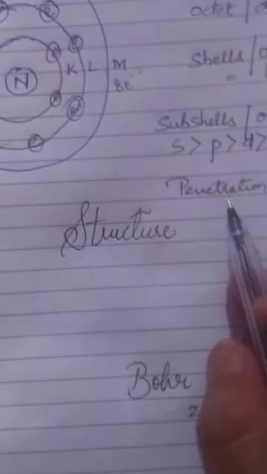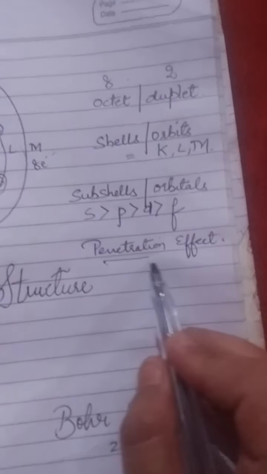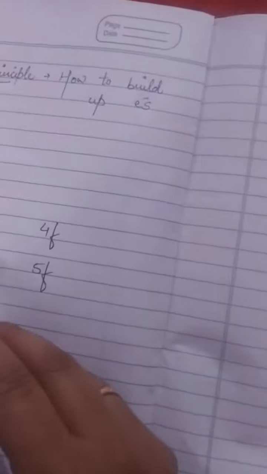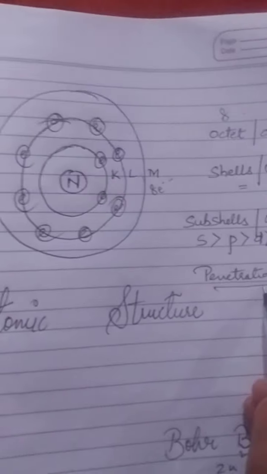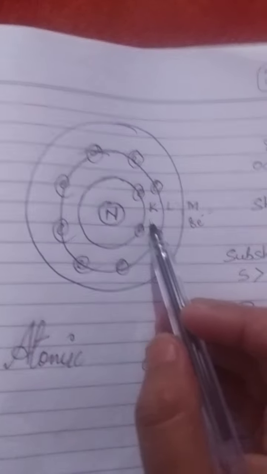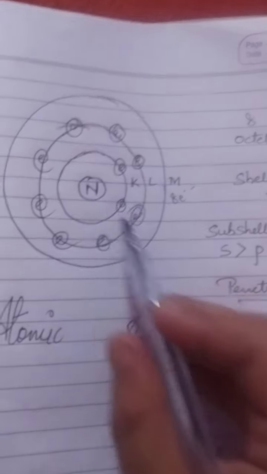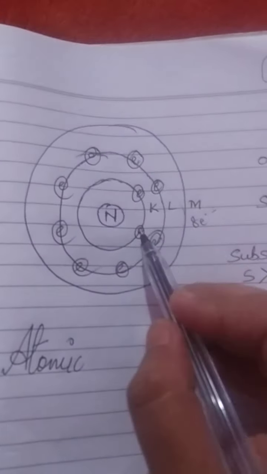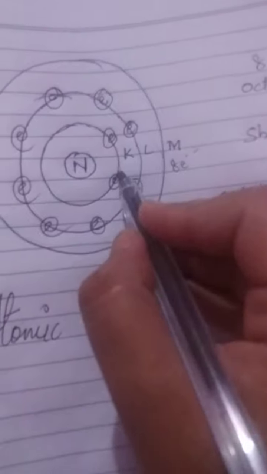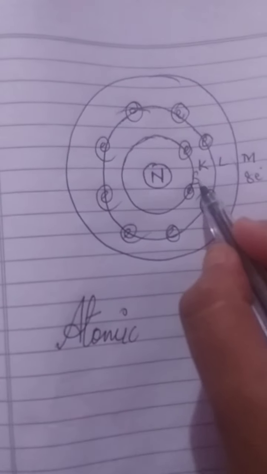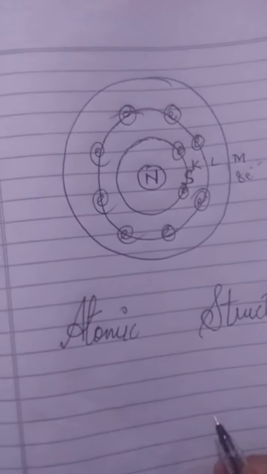Clear? So, there is a term, penetration effect. Before this, I want to tell you that penetration effect means the force of attraction of the subshells towards the nucleus. As you know, S has a capacity of only 2 electrons. So the first shell has an S orbital, right?